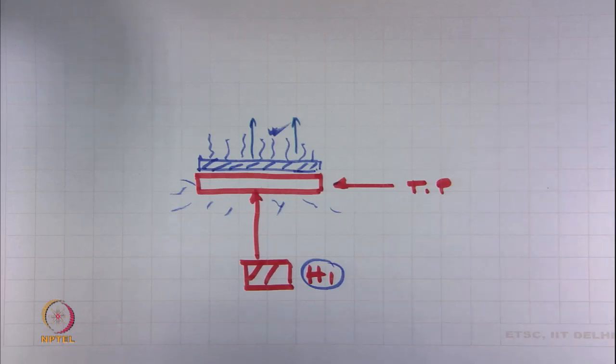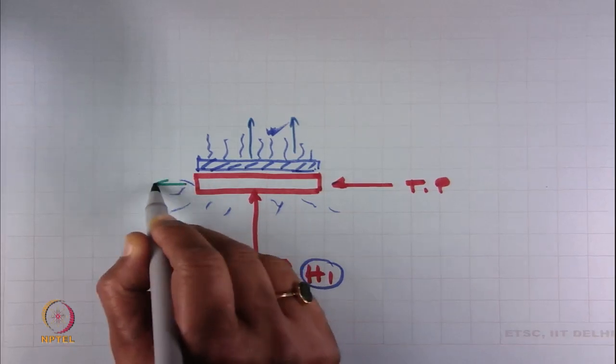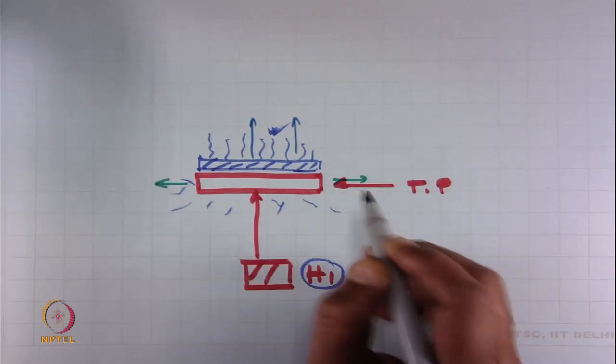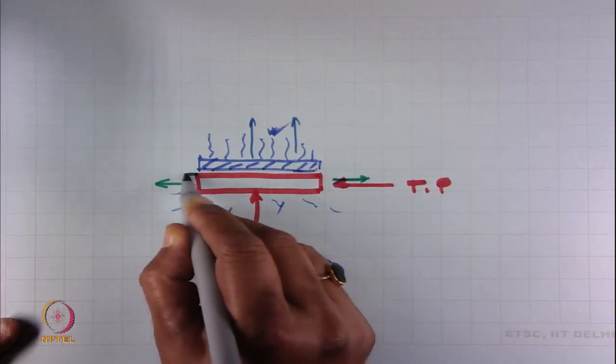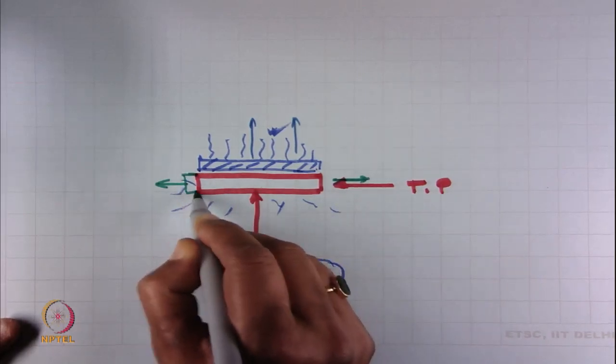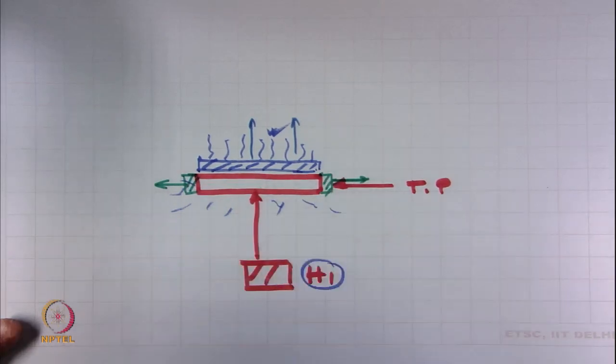Here, the heat which is flowing in other directions, say in the sideway direction, we can block by providing some insulation, some cork insulation we can provide.